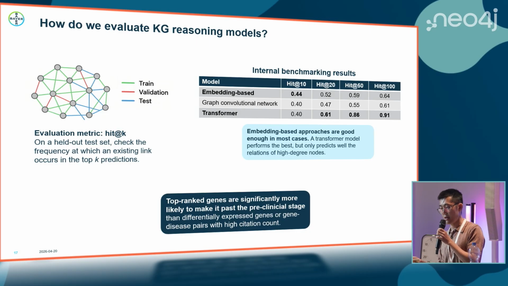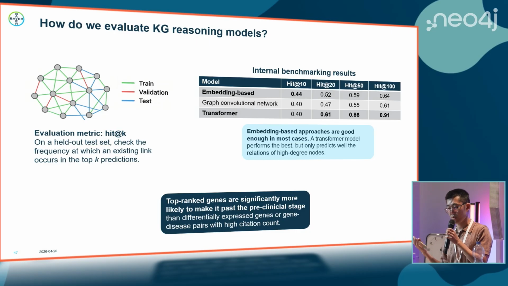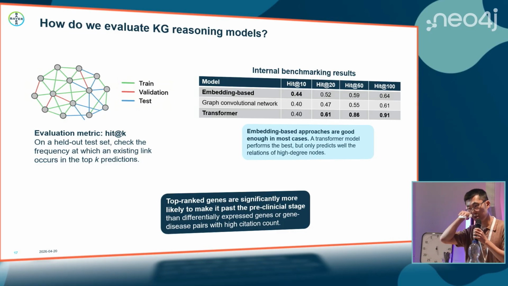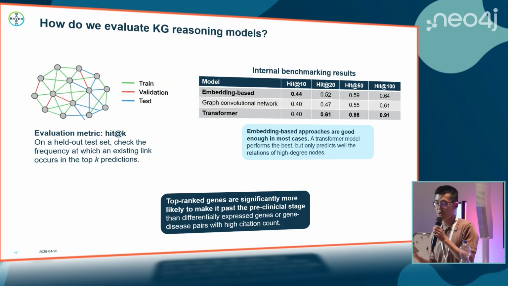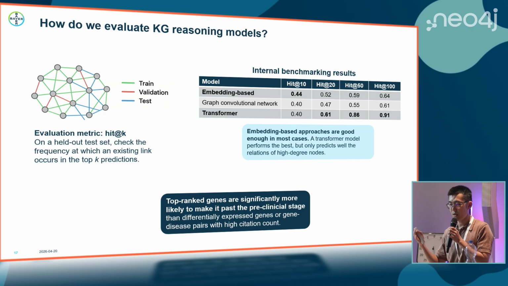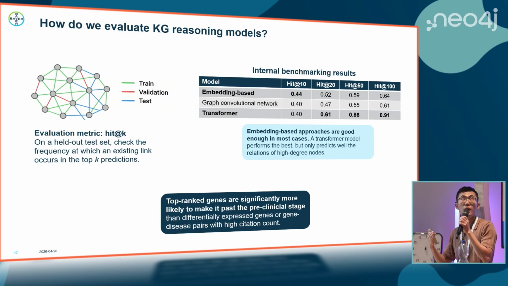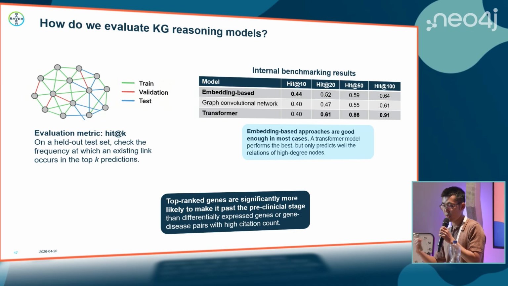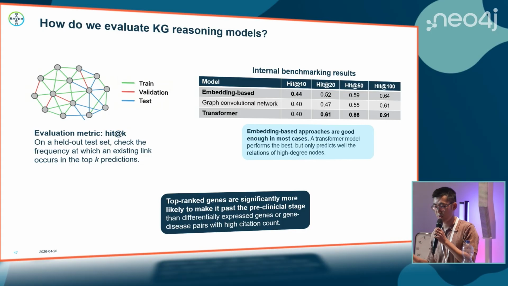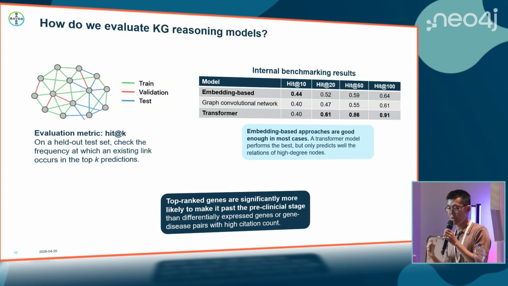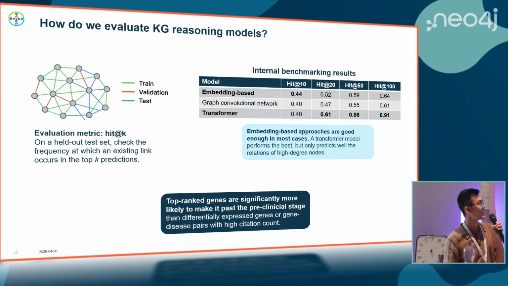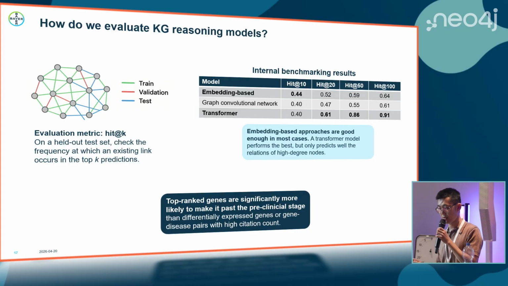And what we also found is that the scores that you get from transformer reasoning models were not always aligned with the intuition of what is important for certain diseases. And here, simple embedding-based approaches were actually better at ranking evidence.